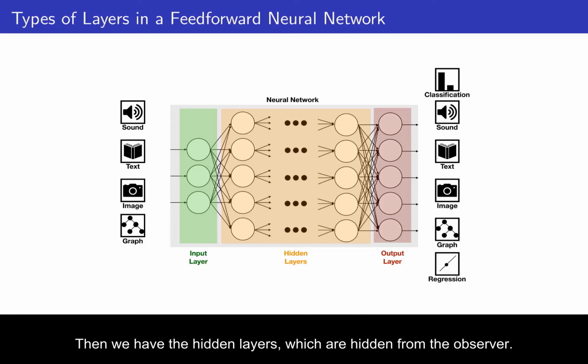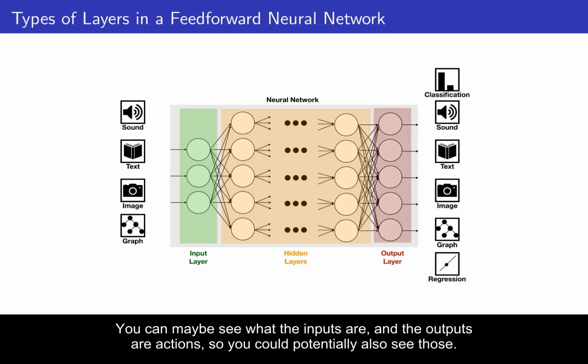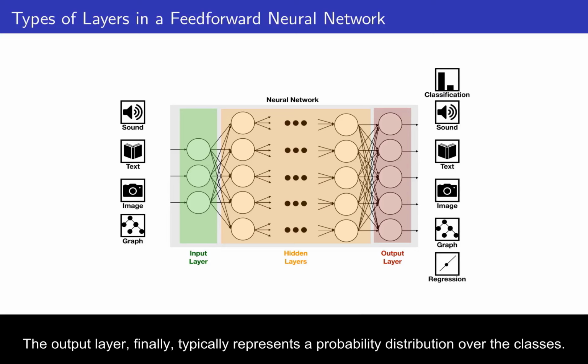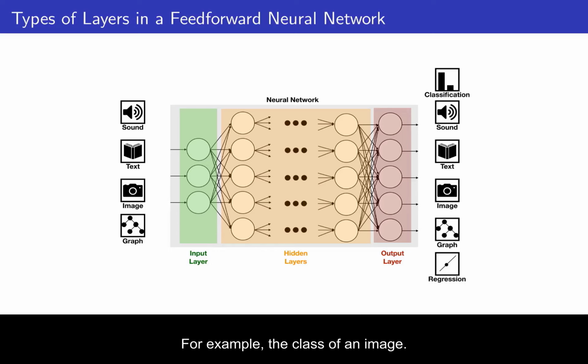Then we have the hidden layers, which are hidden from the observer. So for example, if you observe a human, you can't see inside of their brain. You can maybe see what the inputs are, and the outputs are actions, so you could potentially also see those. But the hidden layers, they're unobserved, and that's why they're called hidden. The output layer, finally, typically represents a probability distribution over the classes, for example, the class of an image.